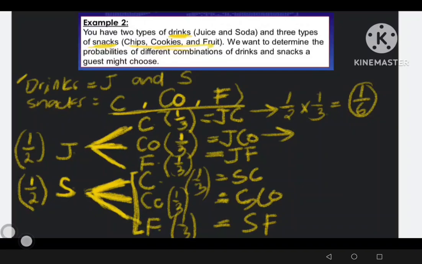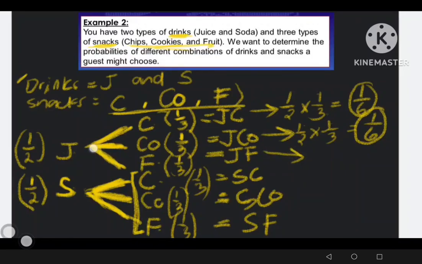This one, juice and cookies. Juice is 1/2. And then the cookies is 1/3. So we have 1 times 1 is 1. 2 times 3 is 6. The same, 1/6. We also have this one, juice and fruit. Juice is 1/2 times fruit is 1/3. The same, 1/6.